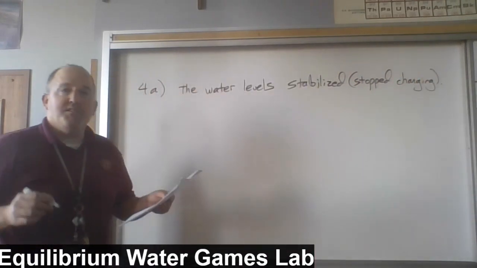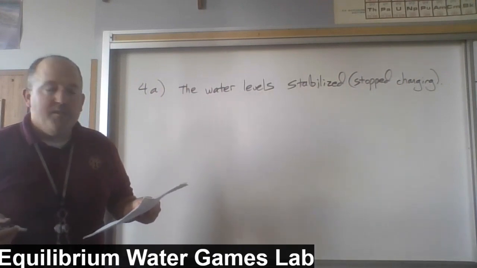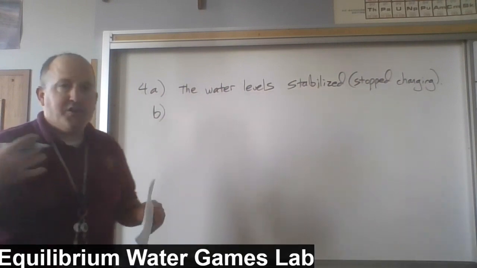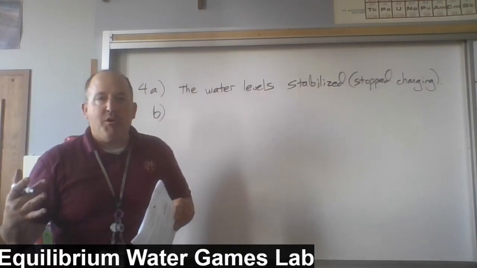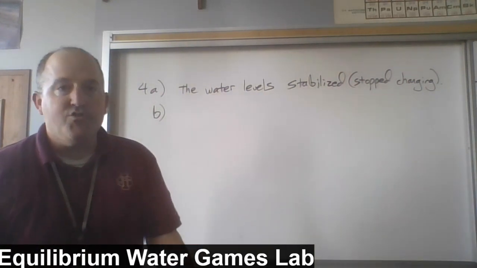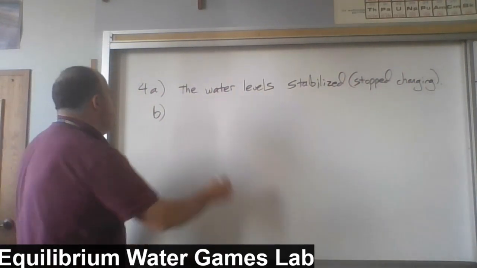Question B, what does the volume of the water in the beakers represent? Well, if we're picturing this as modeling a chemical equation, the volume of the water represents the concentration of the chemicals.